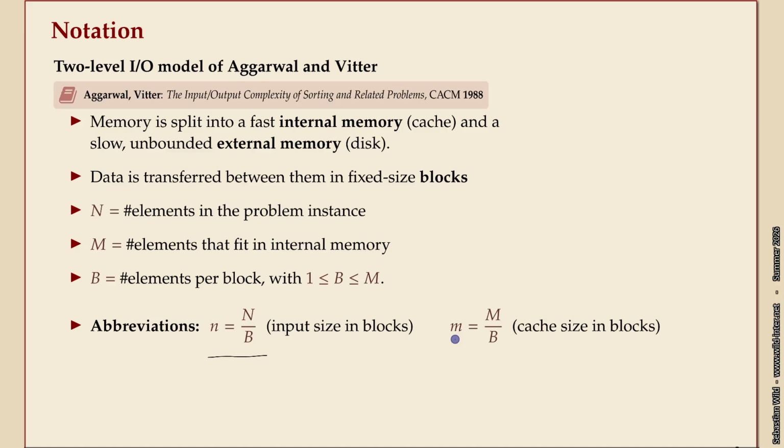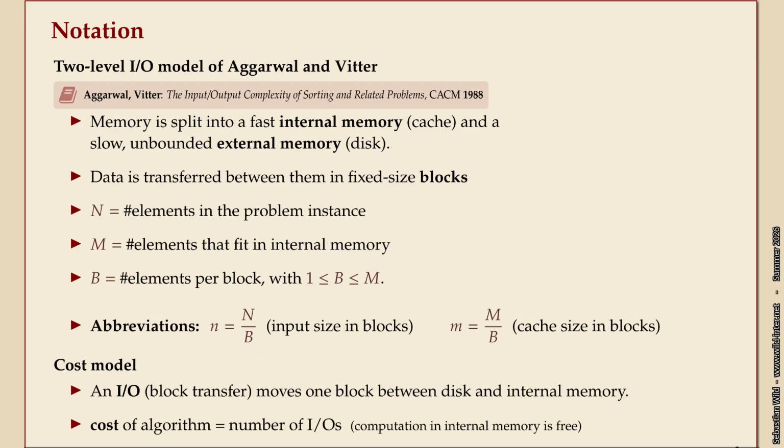And as I said, if you're comparing this with random seeks on disk, say, it's justified to say that all that counts is the transfers between disk and internal memory. And the cost of an algorithm is only that number of communications. We don't care about any other computation.